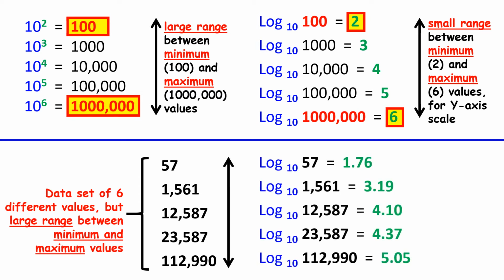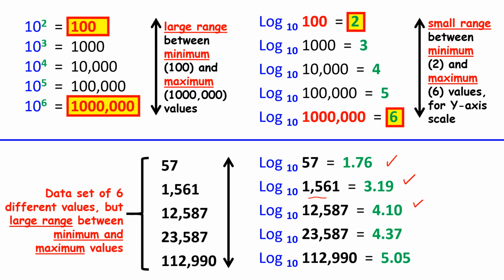So if we wanted to use a log scale, we just go log to the base 10 of 57 would give us 1.76. Log to the base 10 of 1,561 would give us a value of 3.19. Log to the base 10 of 12,587 would give us a log value of 4.10. And then you can work out the others yourself. So log to the base 10 of 112,990 would give us a value of 5.05.